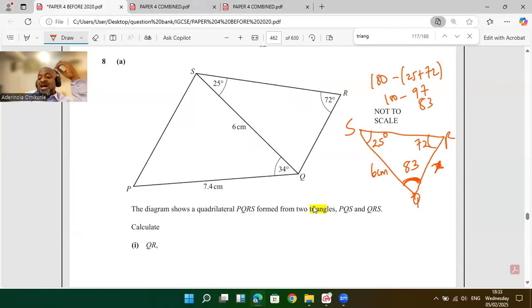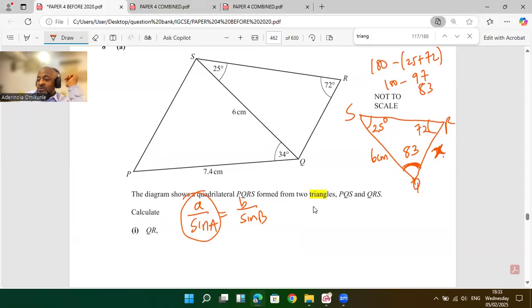And I said the sine rule formula is a over sine A is equal to b over sine B. Again, the first thing I did was to show you that each side has its own angle, okay? So that's what we're going to use to explain this. In this case, you start from what you're looking for. You're looking for X. So this becomes X over sine 25 because if this is your X, the angle opposite your X is 25.